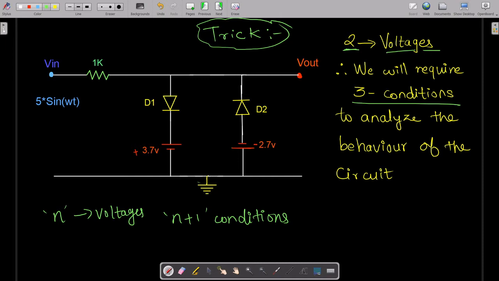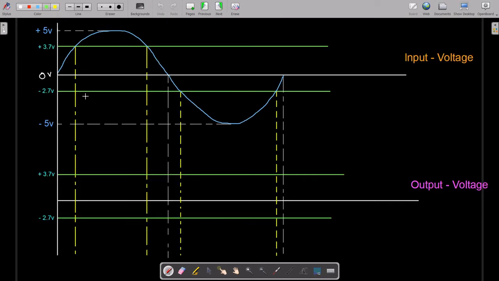For that, we'll go to this input waveform. As you can see, this is the input voltage, plus minus sine omega t. Very clearly, this waveform is getting divided into three parts.